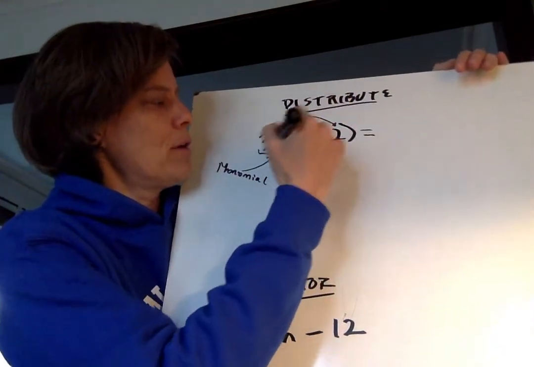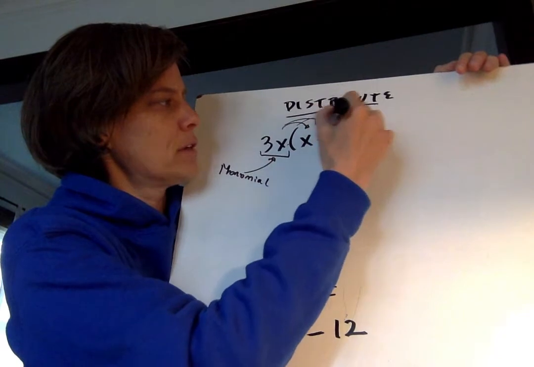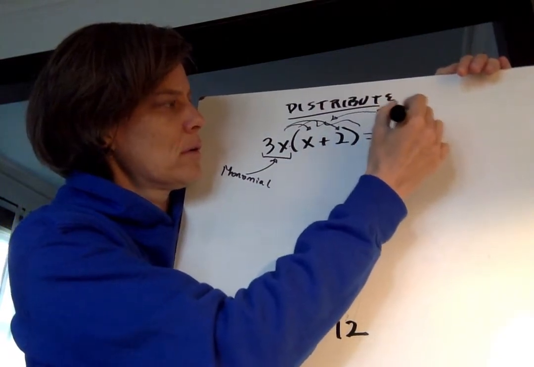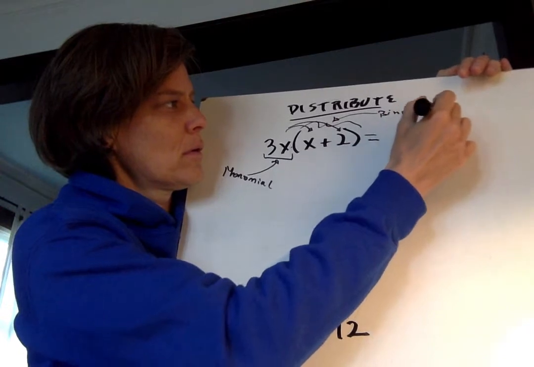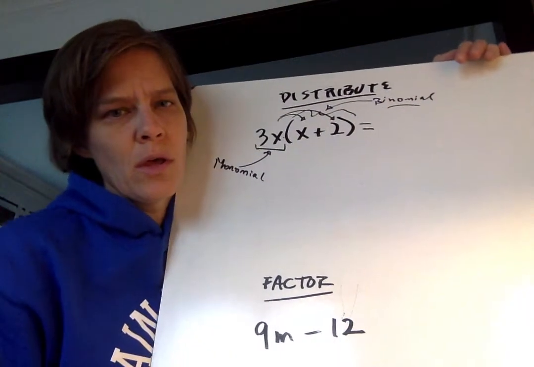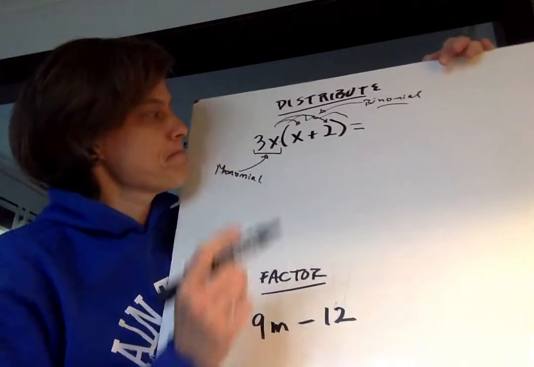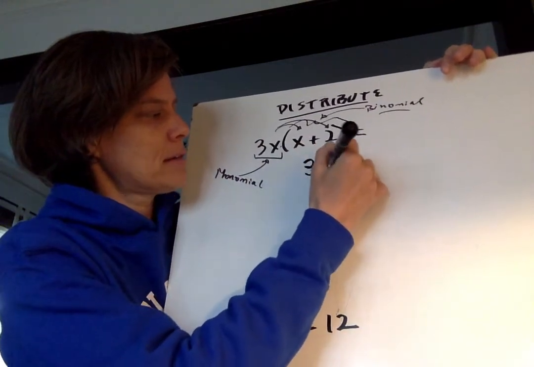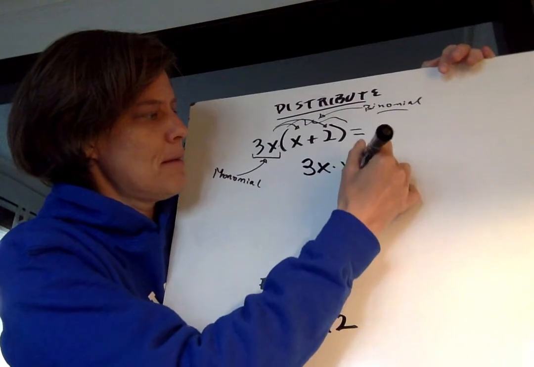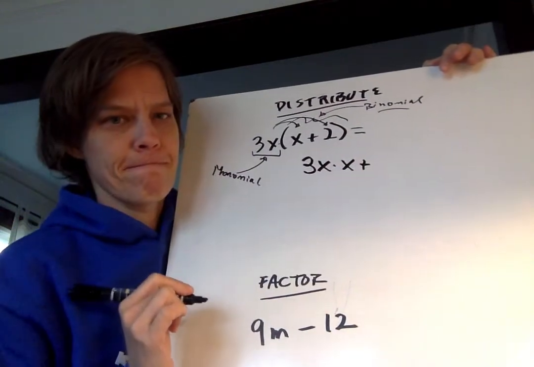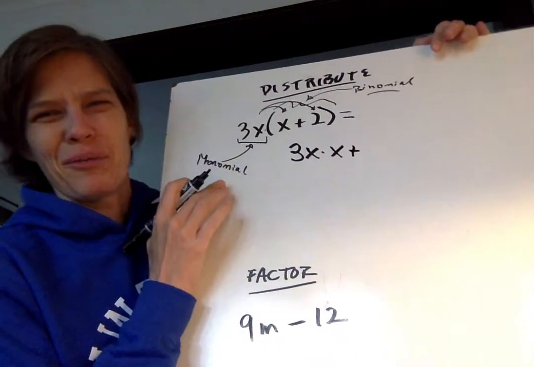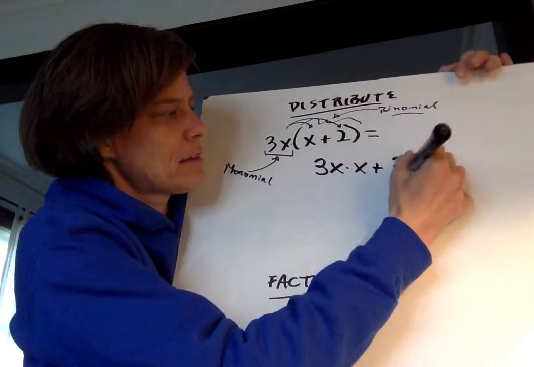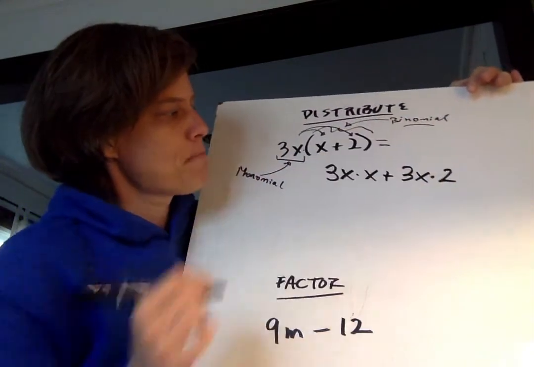And this whole thing together is called a binomial. So 3x times x is 3x times x, plus 3x times 2.